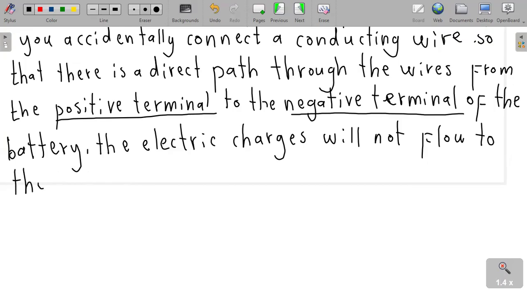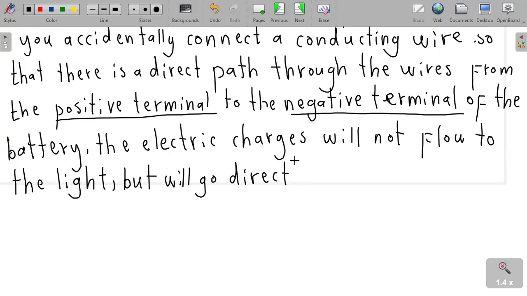The electric charges will not flow to the light, but will go directly back to the battery. Okay.